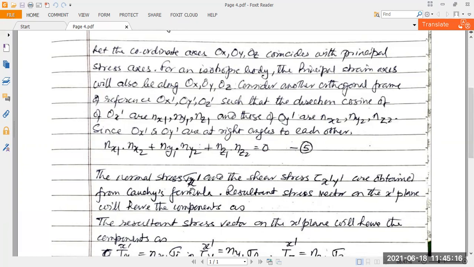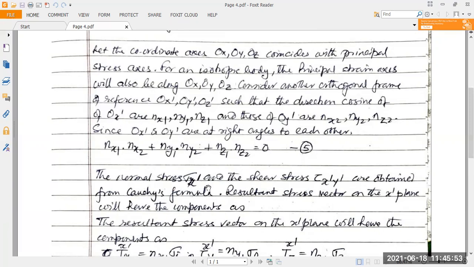One stress is parallel to the normal, equal to sigma x dash, and another shear stress, at 90 degrees to that normal, is tau x dash y dash. It is situated in the x dash y dash plane, pointing towards the positive direction of y dash as per our sign convention. We write only sigma x dash because this is the tensile stress acting along the positive direction of the x dash axis.